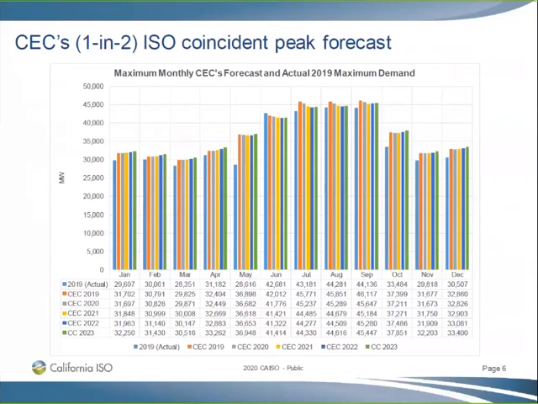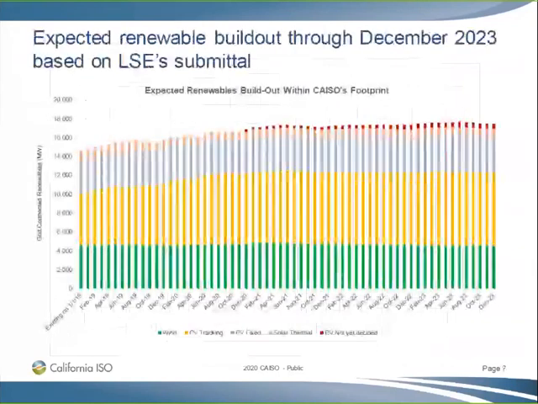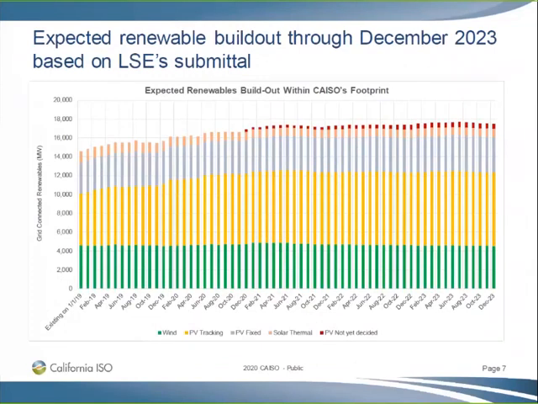So we looked at the CEC forecast, and then we broke down the LSE submittal. When you look at slide 7, it is a summary of what we collected from the load serving entities. You look at this plot here, it goes through December 2023. It shows you the wind that's expected in the future years. As you can see, the wind within the Cal ISO is expected to be pretty flat, a little over 4,000 megawatts.